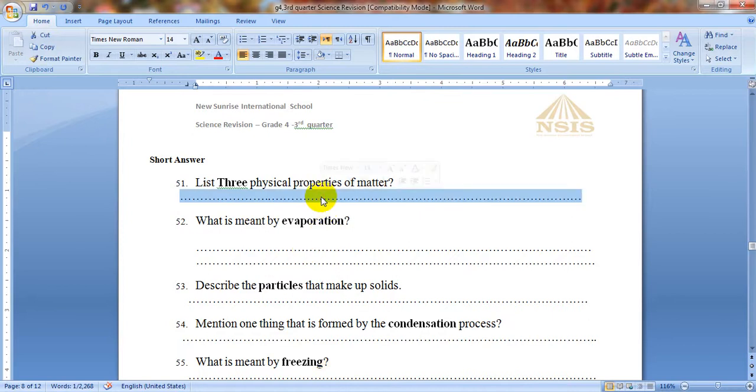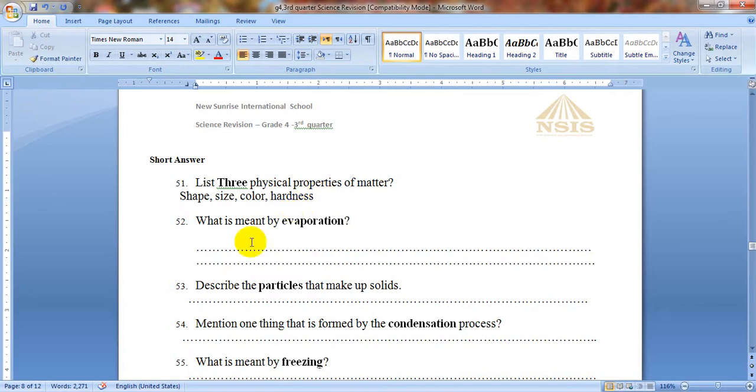We have shape, size, color, hardness, and many other physical properties we could observe or measure. Even length, mass, volume, density, all of them are physical properties.